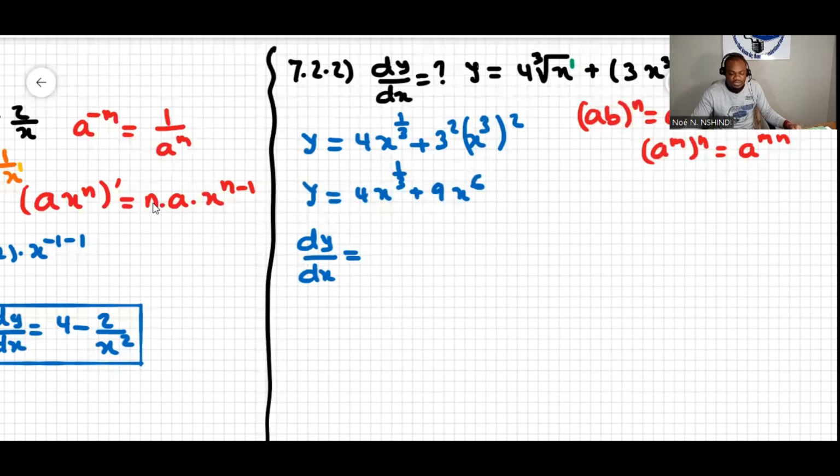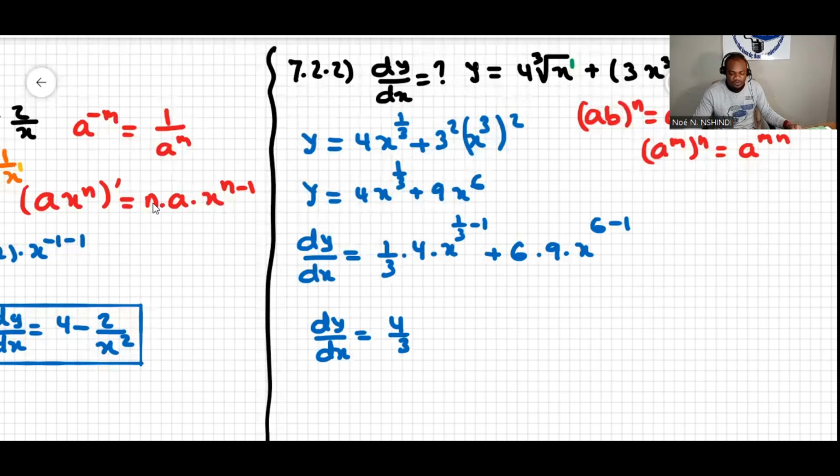So this will be a third times 4 times x to the third minus 1, plus 6 times 9 times x to the power of 6 minus 1. And then that makes dy/dx equal to 4 over 3 x to the negative 2 over 3 plus 54x to the 5.